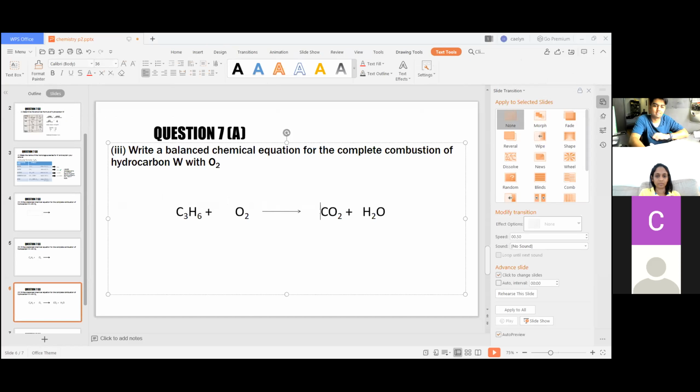So we put 3 in front of CO2. And then we have 6 hydrogens here. So we put 3 in front of H2O, and then 3 times 2 is 6. So carbon and hydrogens are balanced, and then lastly we balance the oxygen. So on the right side we have 9 oxygen here. So we can't simplify that. So we just put 9 over 2, and then that should be balanced. Correct.